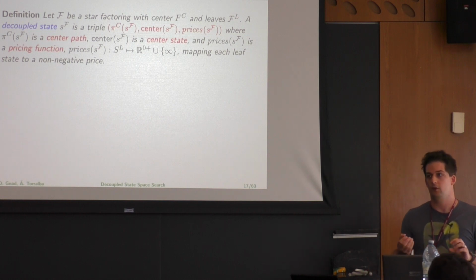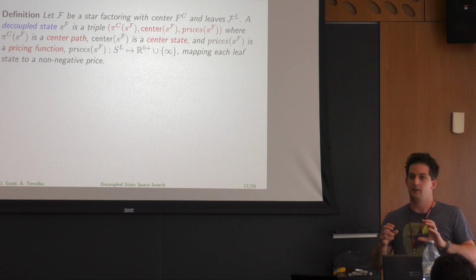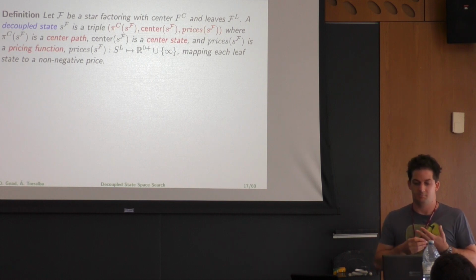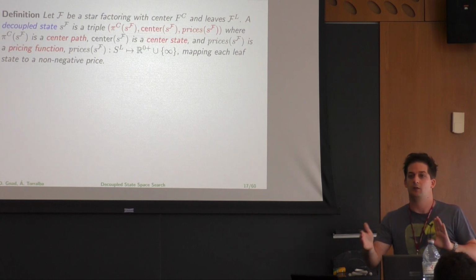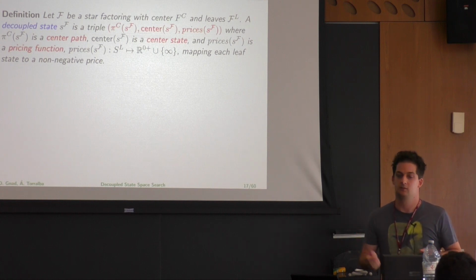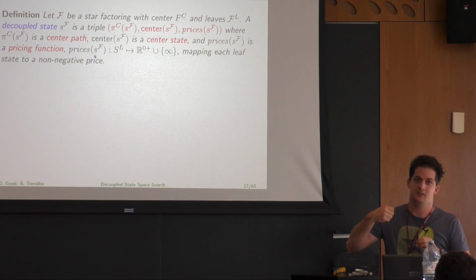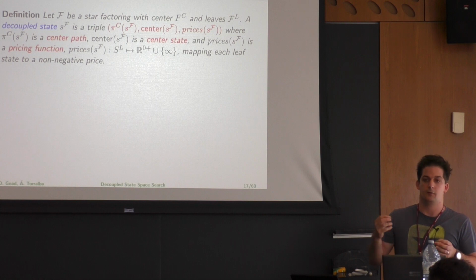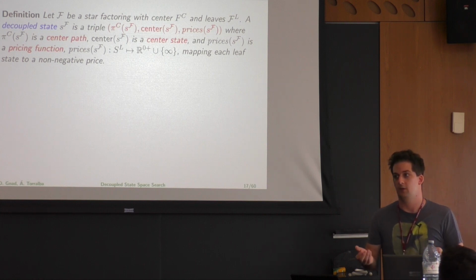What I've shown you before, these compliant paths, these load-unload action sequences, will get translated into what we call the pricing functions. Details about this in a couple of slides, which capture all cheapest compliant paths. The pricing function assigns each leaf state a non-negative value, either a finite number or infinity if this leaf state is not reachable given the current center path.